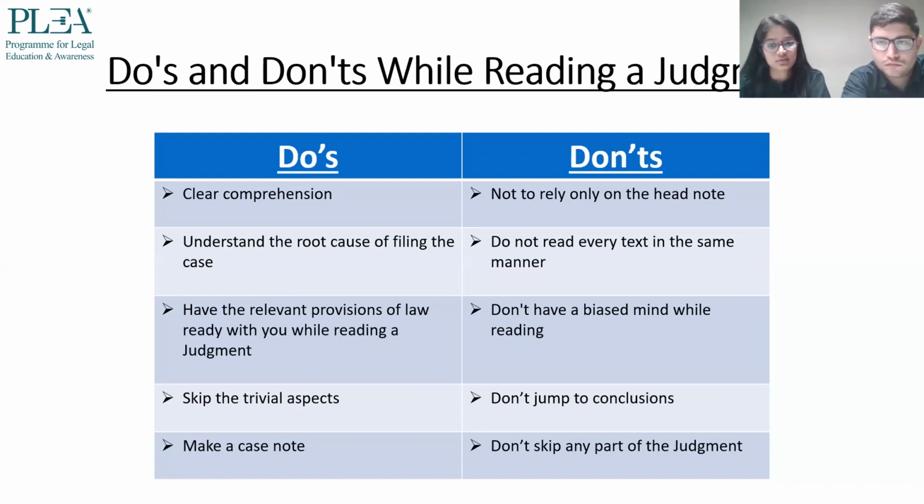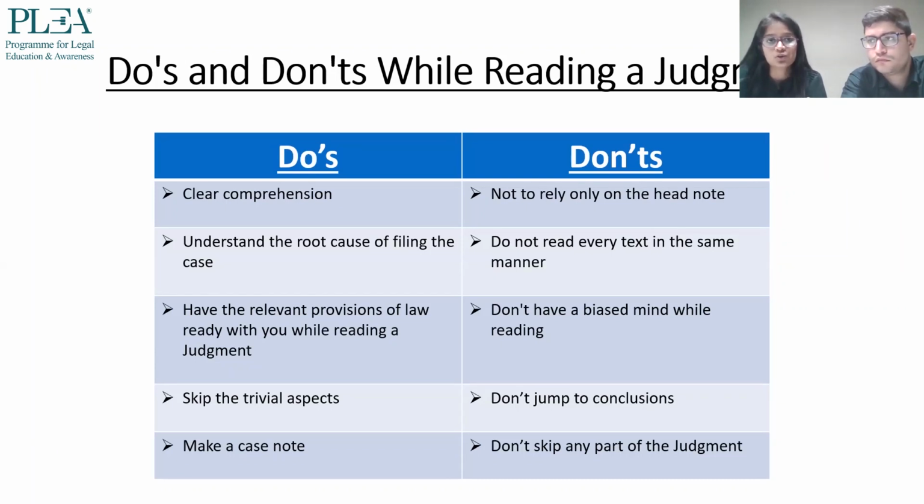The next very important point is that you don't have to jump to conclusions. For example, if in the contentions of parties in the judgment, they've cited a case law of the Supreme Court, and they've said that this particular case law is similar to our case, and therefore the judge should deliver the judgment in our favor.